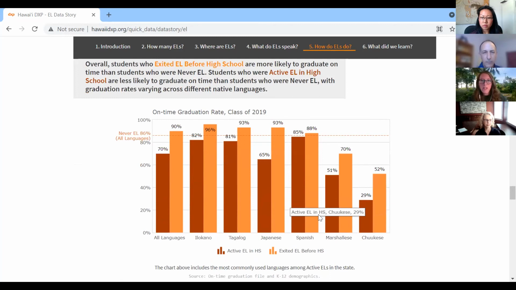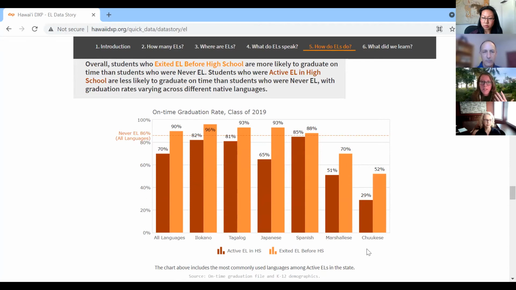You can see that it does vary by different EL populations, which, not going into necessarily the reasons why, does give you a sense that when you conglomerate them together, you see that the averages have this fantastic news.